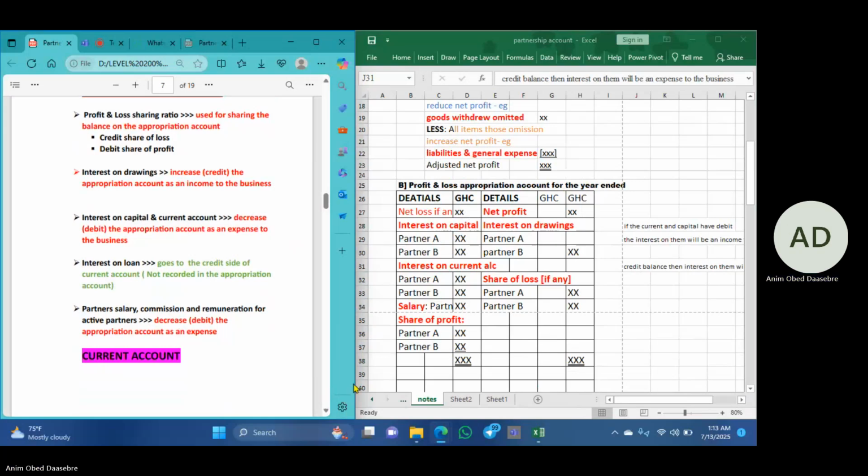Sometimes too there will be a commission or remuneration for active partners. Those will be debited to the appropriation account. So anything that is seen as a loss or an expense, you debit to the appropriation account. So let's take note of that. It's very necessary.